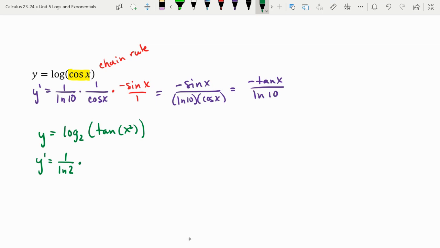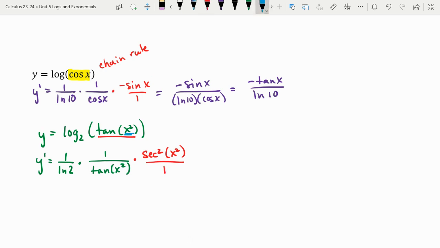And then derivative of a log is always 1 over what is inside the log. So I have 1 over tangent of x squared. That is going to be multiplied by the derivative of tangent of x squared, which is going to be secant squared of x squared. And again, so that I keep it as a fraction.